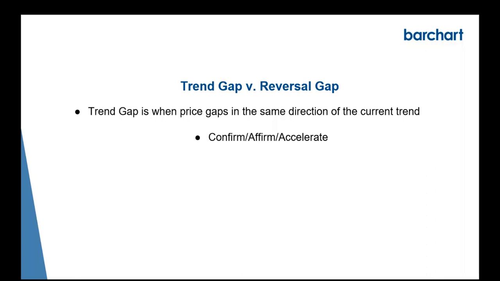So we'll call it acceleration in foresight, and we can call it exhaustion in hindsight. But what I want you to understand is that there's this cycle, in the right conditions, of gaps that runs in concert with our trends: this confirmation, affirmation, and acceleration.